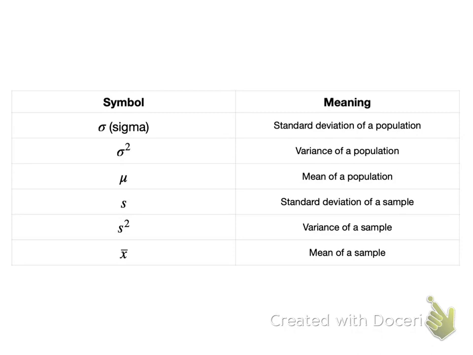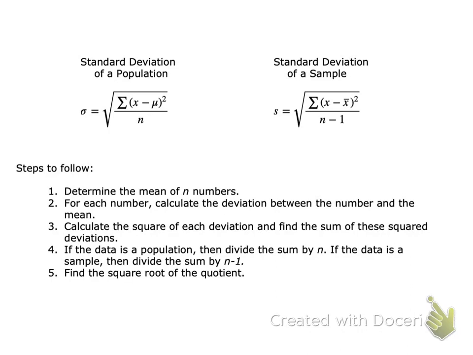Okay, now let's talk about our formulas and our steps. Standard deviation, and I'm going to focus here on sample. I'll still reference how population's different, but I'm going to focus on sample because that's typically what we're working with. So you'll see we're taking the square root at the very end. Inside that square root bar, we have x minus x bar.